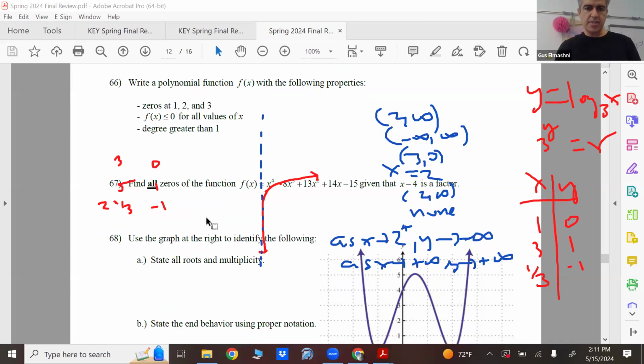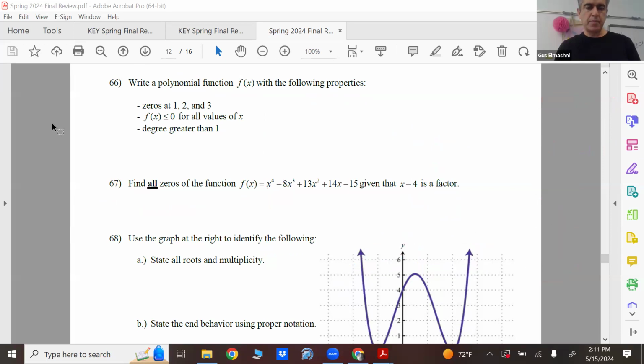Let's look at 66. That's a good one. Your factors would be this, right? But we don't know the leading coefficient.